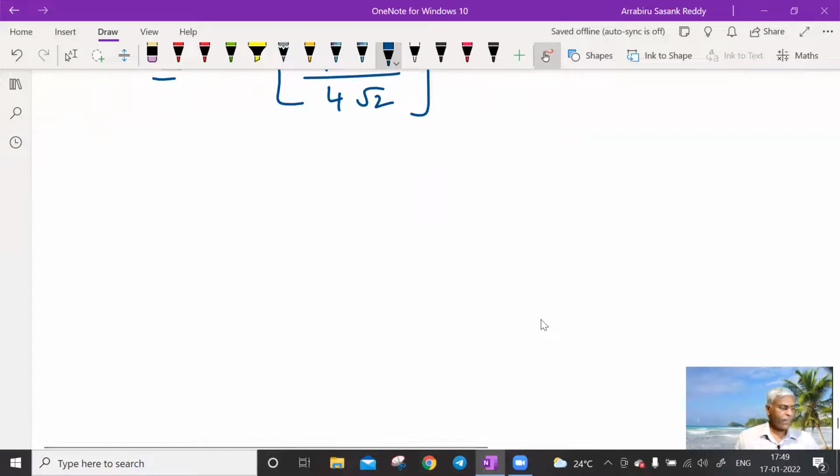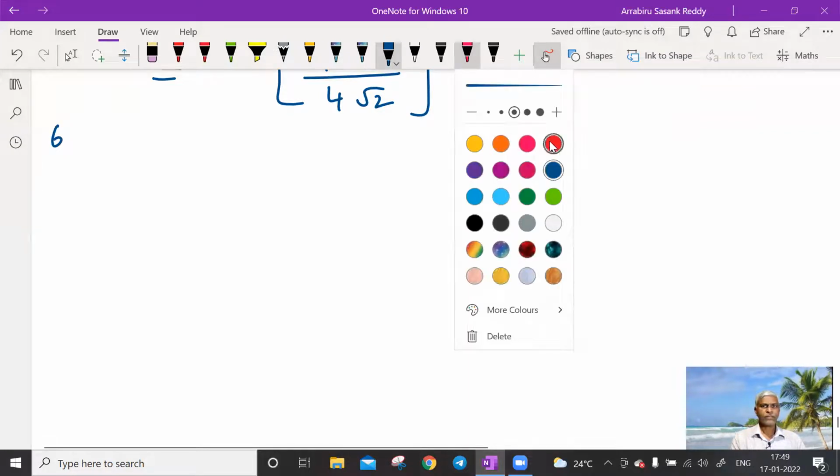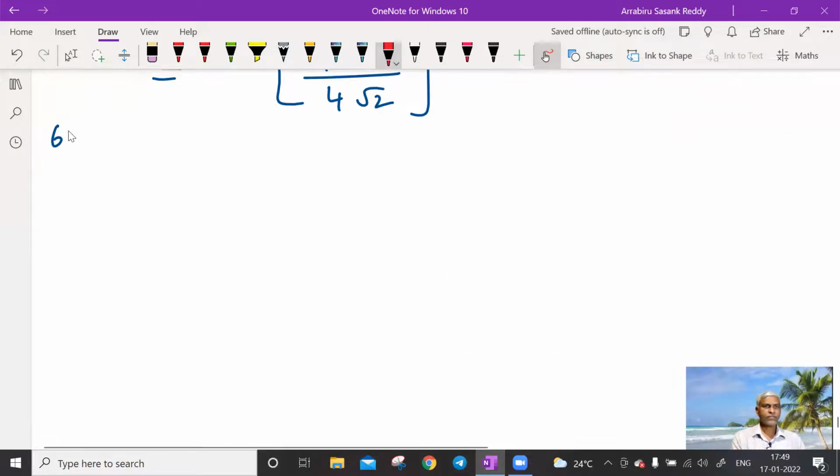Let us find maximum and minimum values of the trigonometric expression. Sixth question, first bit.